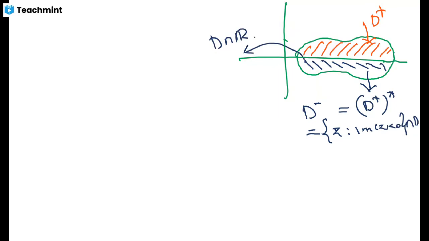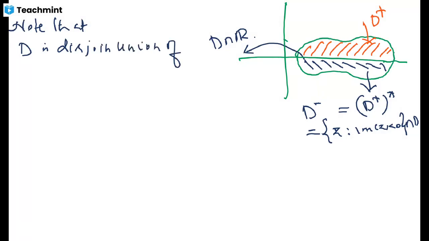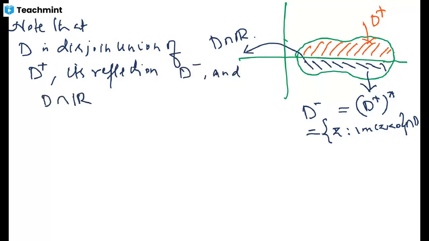So we note that this domain D is a disjoint union of D plus, its reflection below the real axis, which I have denoted by D minus, and the line segment D intersection R. So let us try to extend this function.